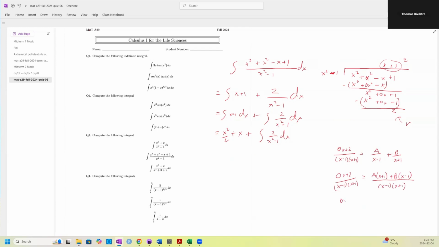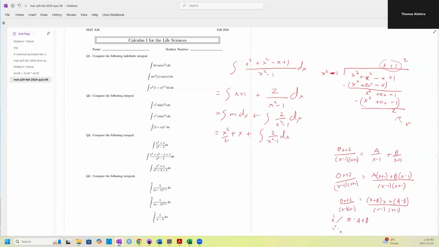So 0x plus 2 equals a plus b times x plus a minus b over x minus 1, x plus 1. So from the x to the 1 term, I get 0 equals a plus b.